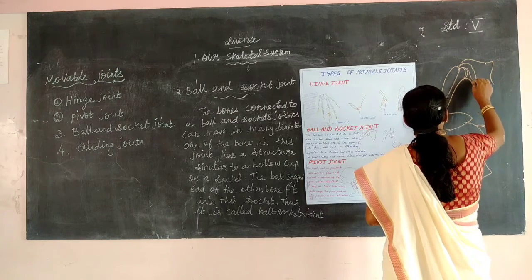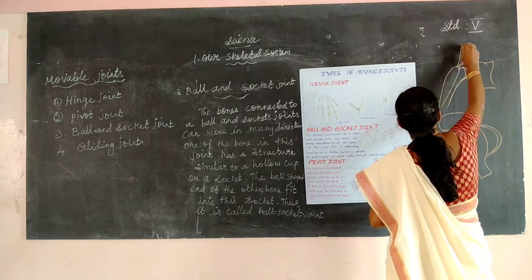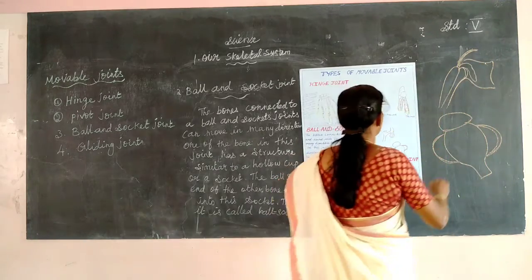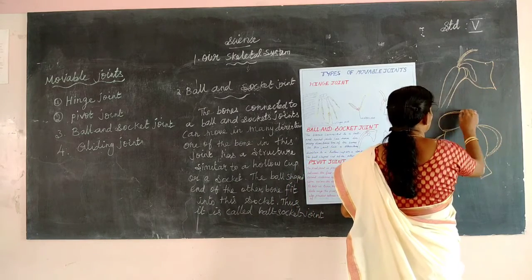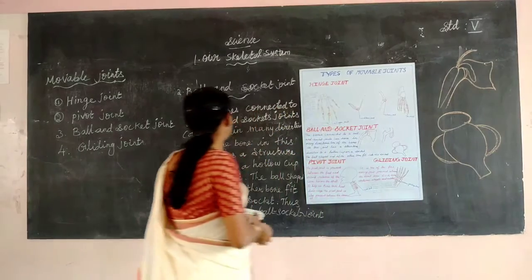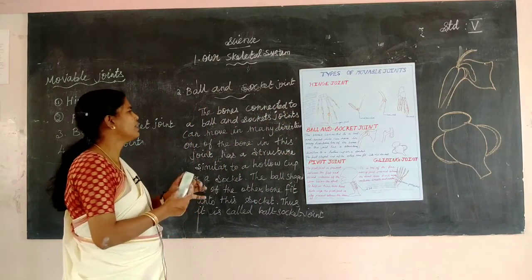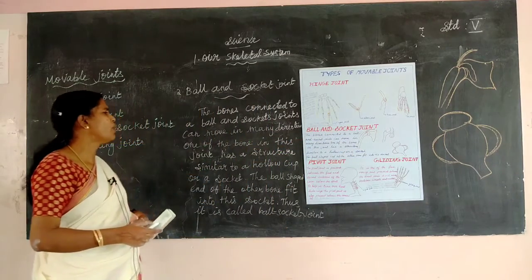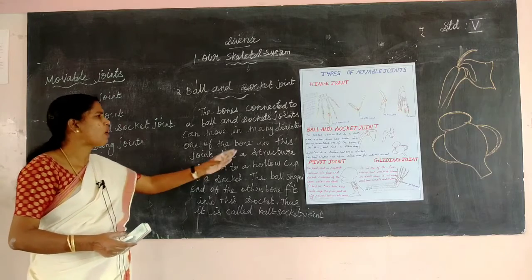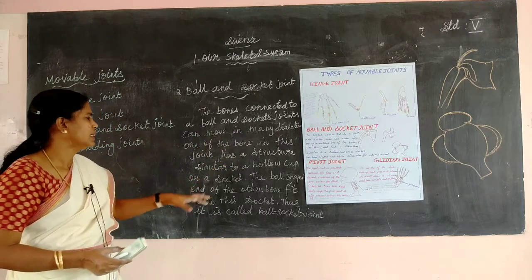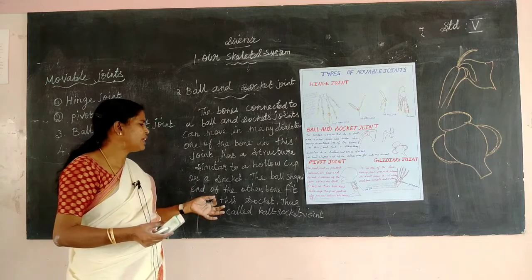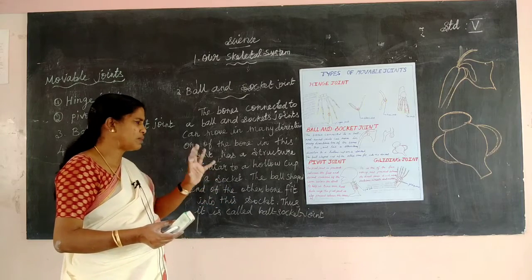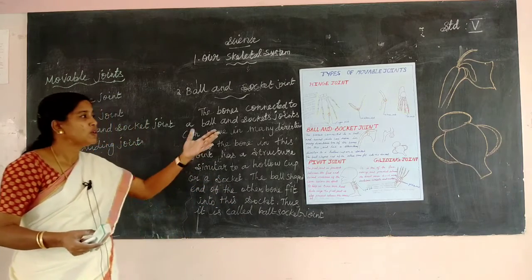Collarbone. Example for the ball and socket joint. The bones connected to the ball and socket joint can move in many directions. All directions மூவ் ஆகுது. One of the bones in this joint has a structure similar to a hollow cup or socket. The ball shaped end of the other bone fits into the socket. Other bone வந்து இது ball மாதிரி இருக்கு. அந்த ball shaped கூட இந்த socket வந்து fit பண்ணிருக்கு. Thus it is called the ball and socket joint.